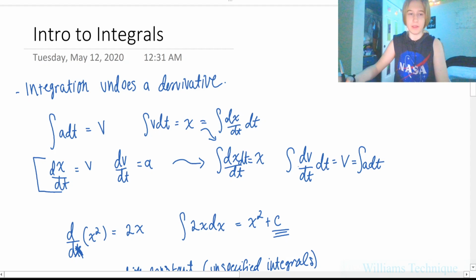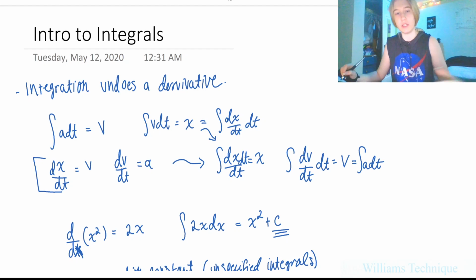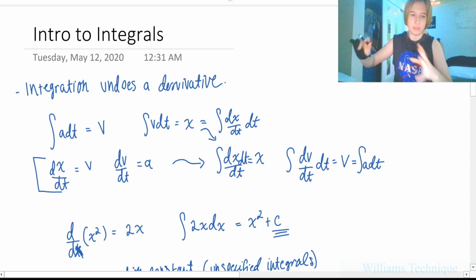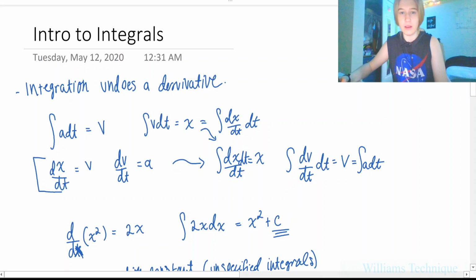Same thing goes with acceleration. The integral of acceleration with respect to time equals velocity, and the integral of velocity with respect to time is position. Just the same way as the derivative of position with respect to time is velocity, and the derivative of velocity is acceleration. It essentially undoes a derivative.